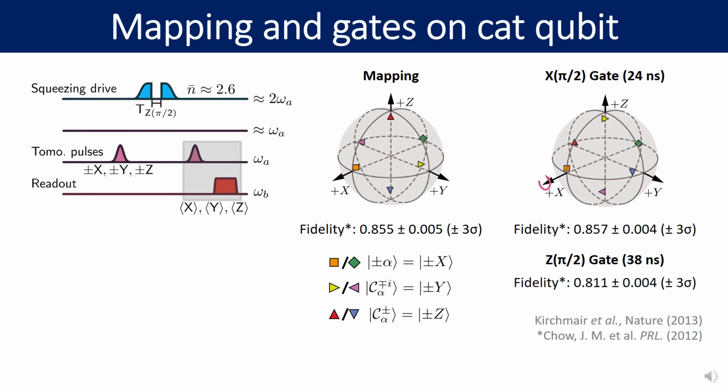And we can implement this by abruptly switching off the squeezing drive for a well-controlled amount of time, and then abruptly switching it back on. And it's basically based on the action of Kerr on the states of the Kerr-Cat qubit.